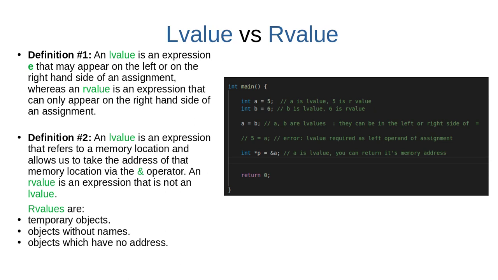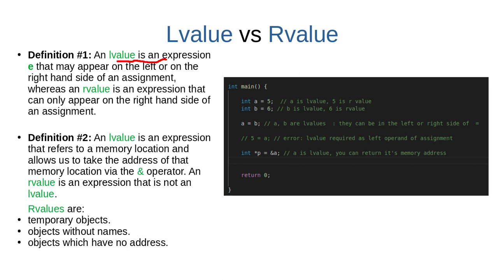The first definition is: an lvalue is an expression E that may appear on the left or on the right hand side of an assignment, whereas an rvalue is an expression that can only appear on the right hand side of an assignment.